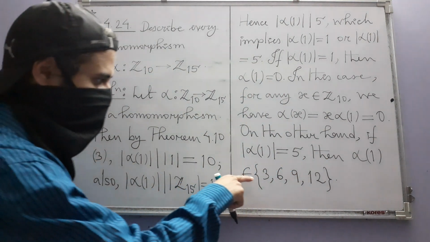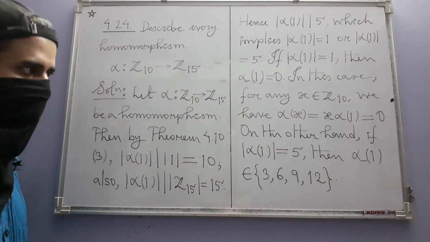And for each such choice of alpha of 1, we are going to get one homomorphism.